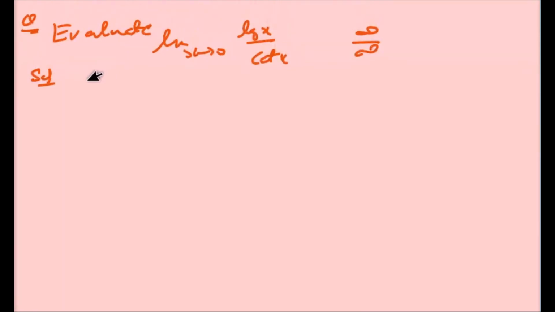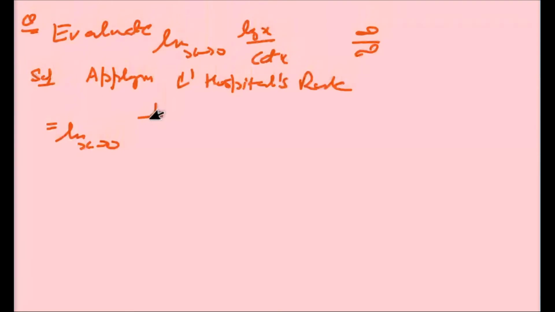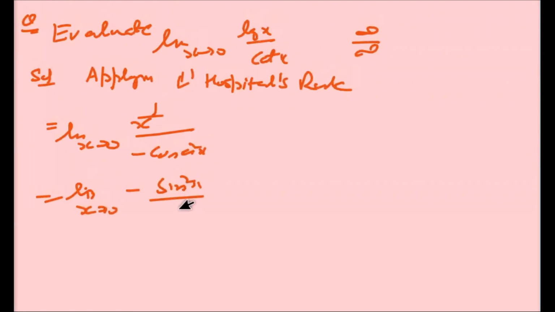So using L'Hospital's rule, now limit x tends towards 0, we find the derivative: 1 upon x upon minus cosec square x, and we can write it as limit x tends towards 0 of minus sine square x upon x.